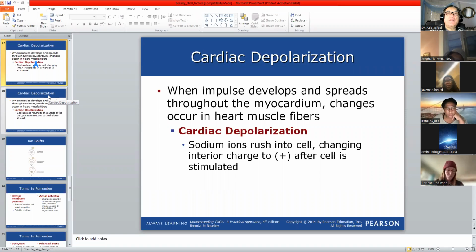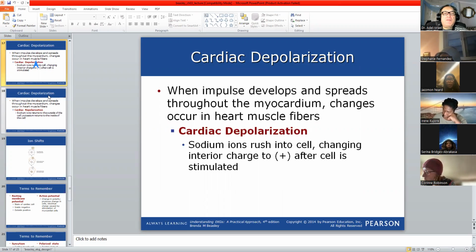So I need everyone taking notes to consider: contraction means systole, means depolarization. You got it? Again, contraction means systole, means depolarization.